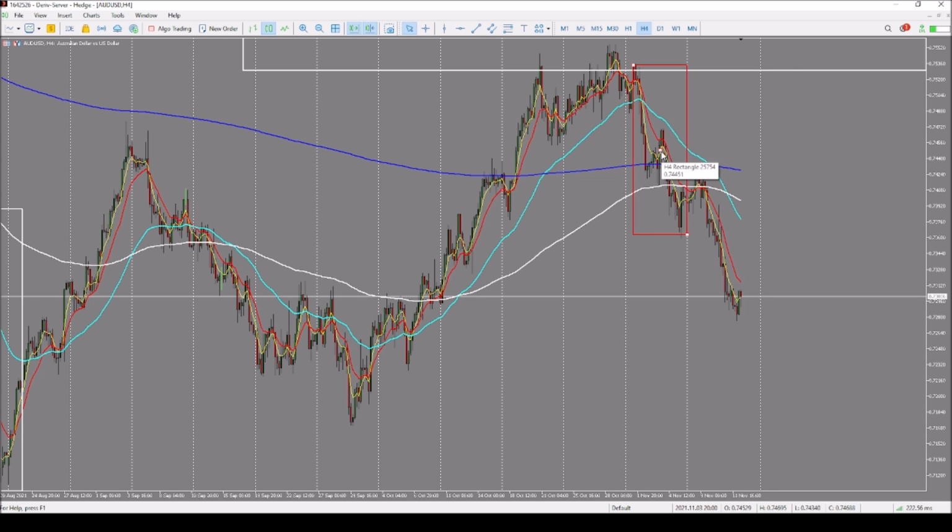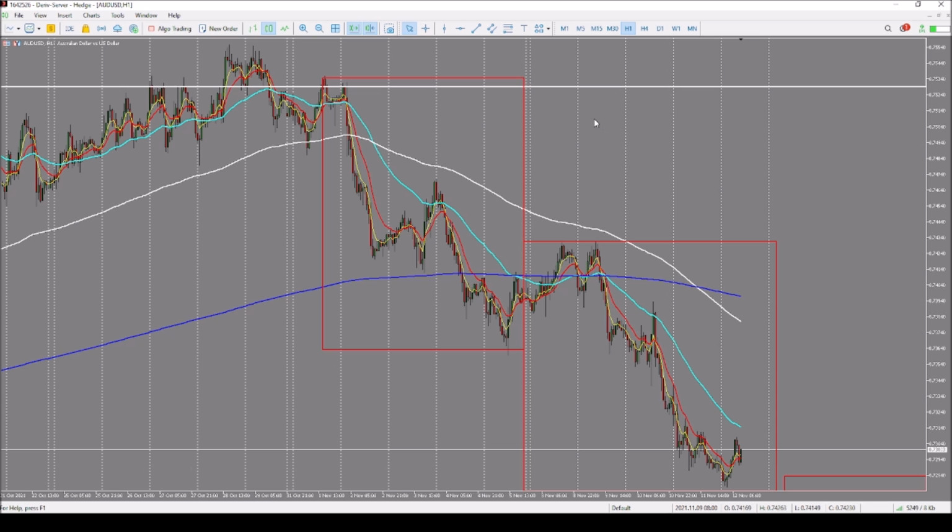So this is the first drop, then the second drop, and we are expecting to see the last drop to complete this cycle. So for us to get an exact point of entry, we keep on lowering our time frames.